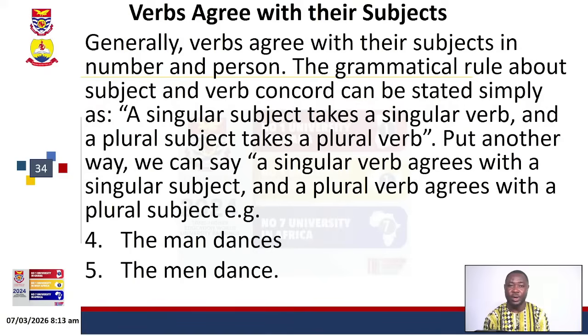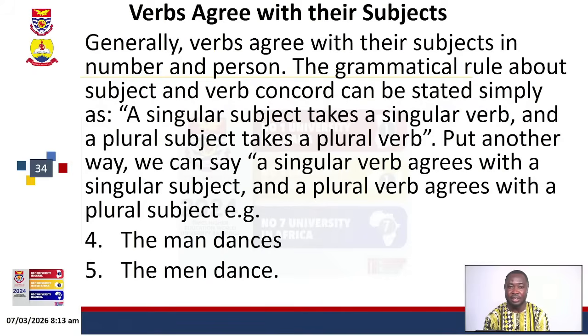Put in another way, we can say that a singular verb agrees with a singular subject, and a plural verb agrees with a plural subject. Everybody should know this, because it is awkward when you give sentences in which singular subjects don't agree with their verbs. For example, the man dances.